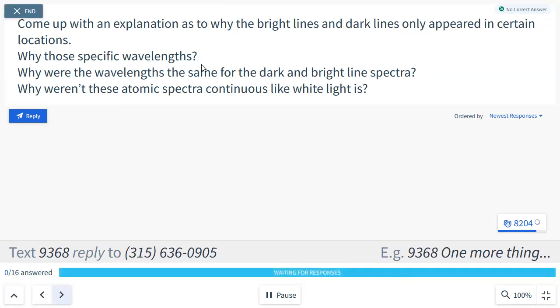Try to come up with an explanation for why those bright lines occurred and appeared as dark lines in other spectra. Why specifically those wavelengths? Why were they the same but in opposite places? Why weren't atomic spectra continuous? So type out your answer here.